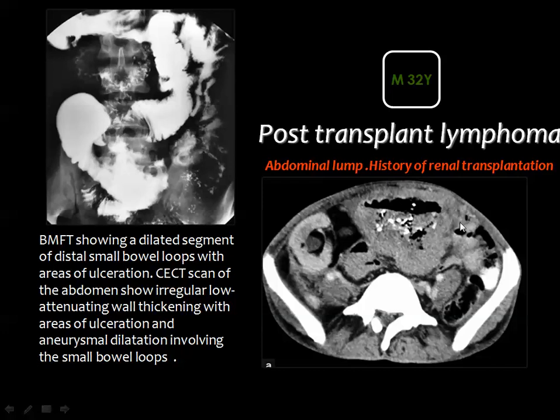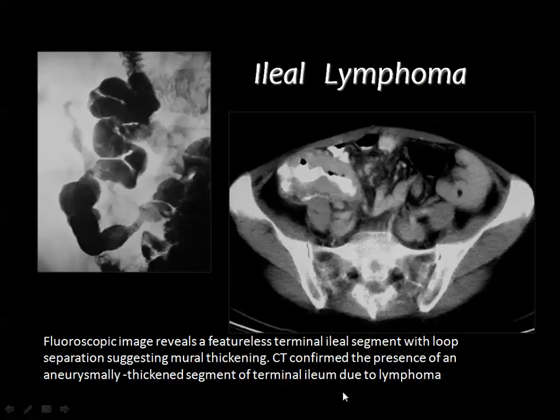You got diffuse bowel mural thickening and dilated lumen, and the lumen contains some of the orally administered contrast media as well as air. And if you see this appearance in the CT scan, the diagnosis of lymphoma is highly suspected. Diffuse mural thickening entrapping part of the bowel containing some oral contrast material.